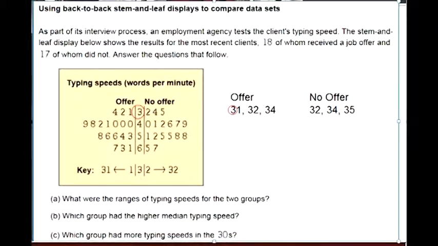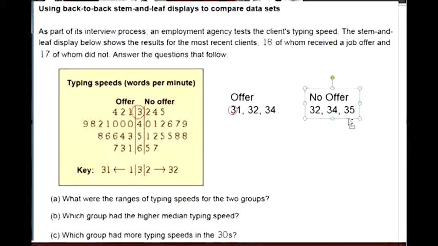Okay, are there other questions? I'm going to answer the questions. What were the ranges for the typing speeds for the 2 groups?